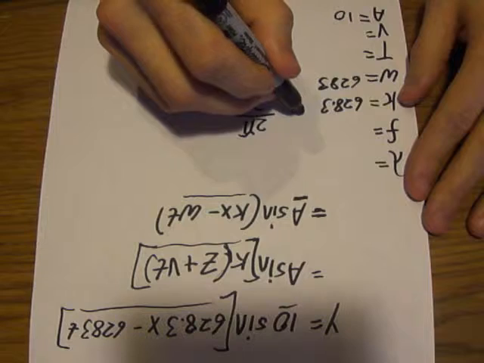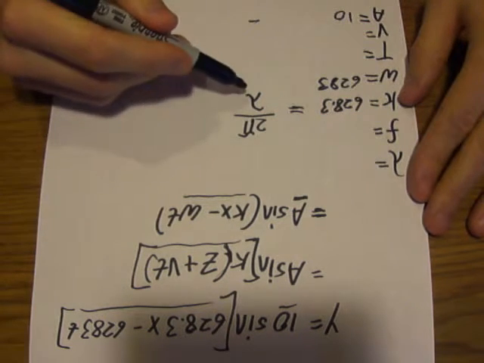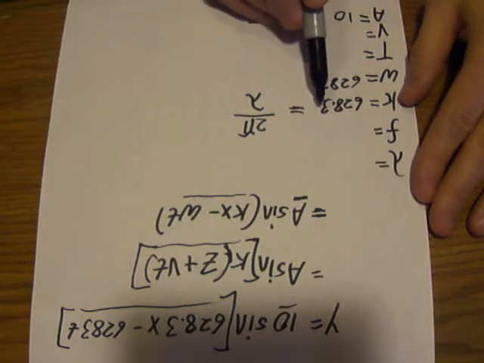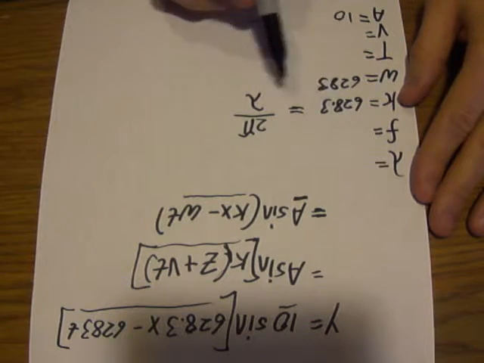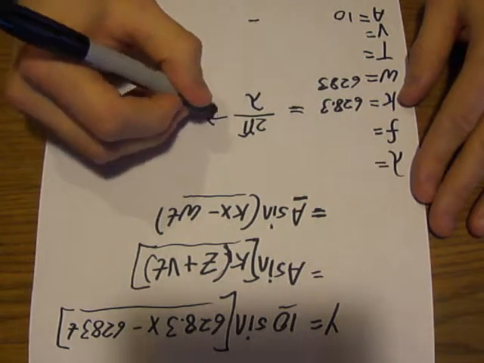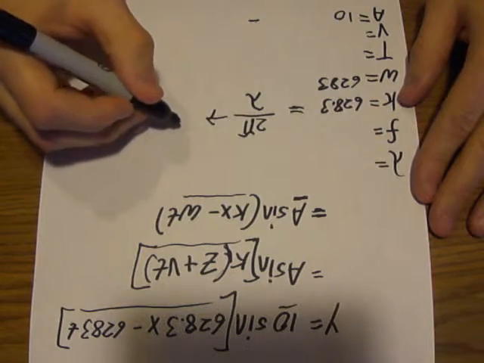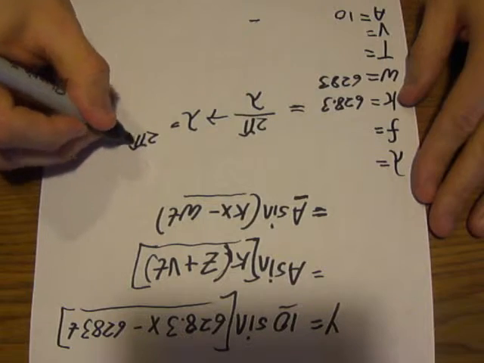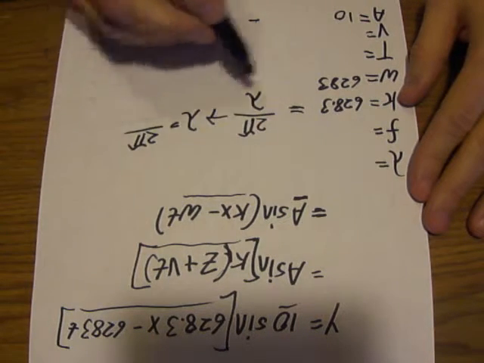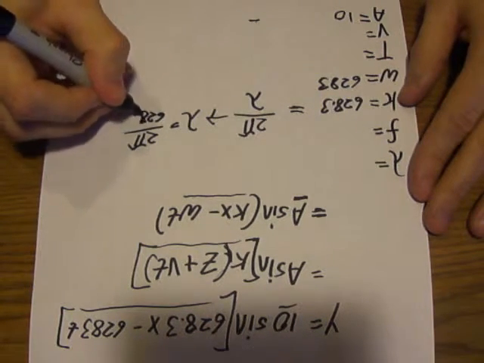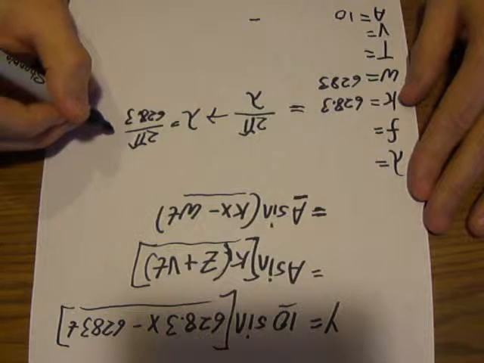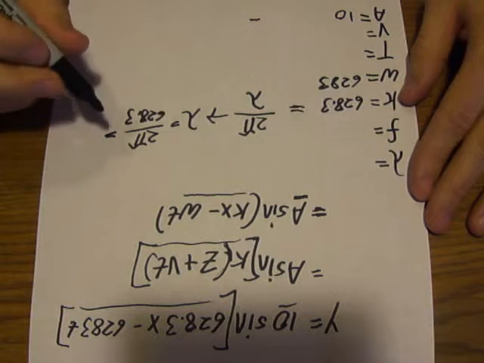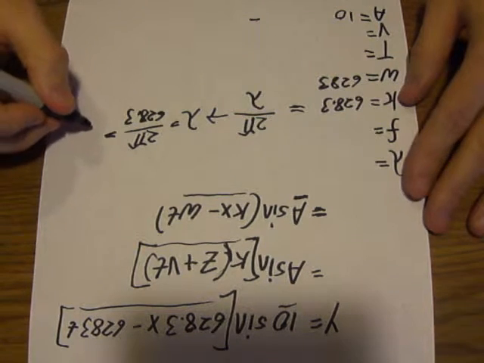To solve for the wavelength, we multiply both sides by the wavelength and then divide by 628.3. So our wavelength is 2 pi over k, which is 2 pi over 628.3.